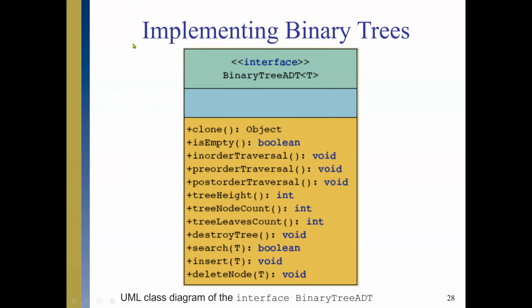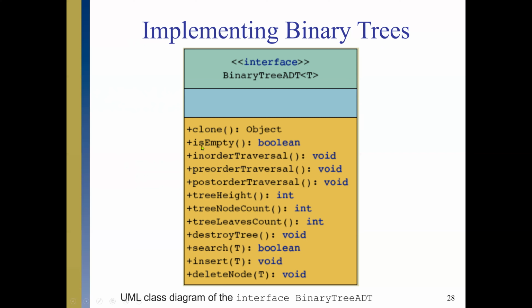So this is our implementation of a binary tree. Again, some textbooks may use different names, but the whole concept is the same. So this will be our ADT file for the binary tree class. We don't have instance variables. The methods we have will be the clone, to make a copy of the tree.